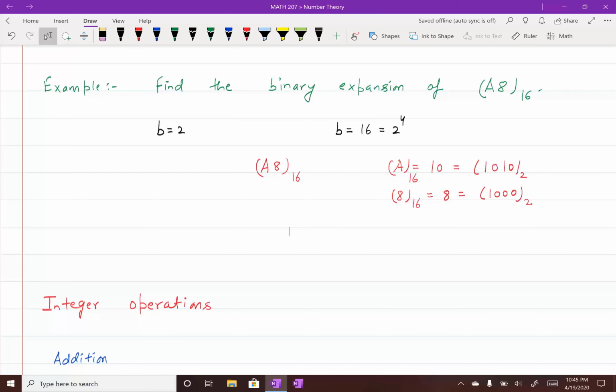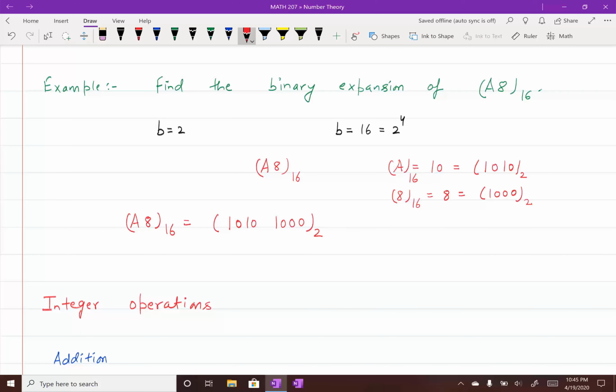Then you can use this binary expansion of A and 8 to get the binary expansion of A8 with base 16. It is going to be equal to, the replacement for A is 1010 and the replacement for 8 is going to be 1000 with the base 2.